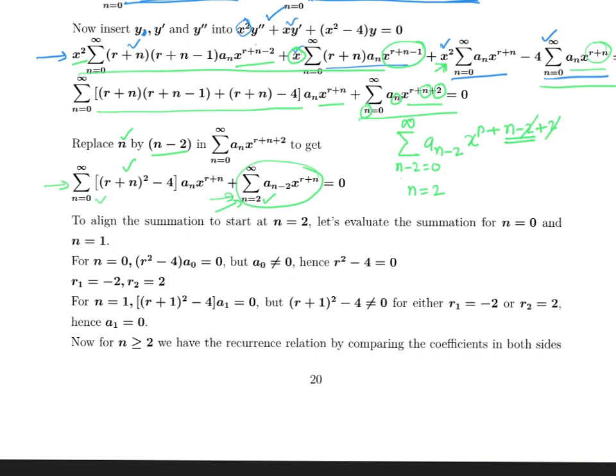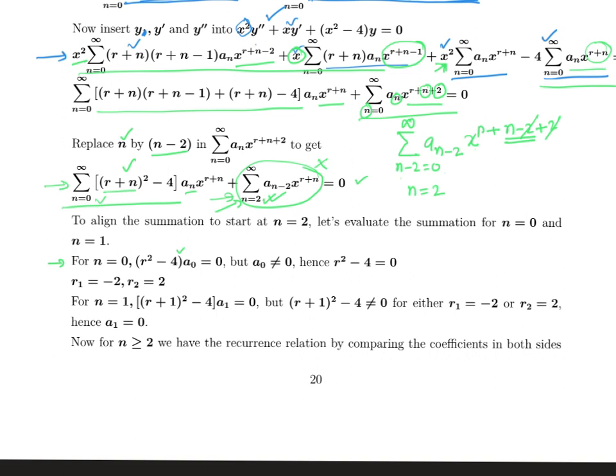Now let's go ahead and evaluate for n is equal to 0. So this one starts at 2, so we don't need to worry about this guy. So ignore that. Just only this one. For n is equal to 0, what do we get? R plus 0, so r squared minus 4 times a sub 0. And on the right hand side, everything is 0.